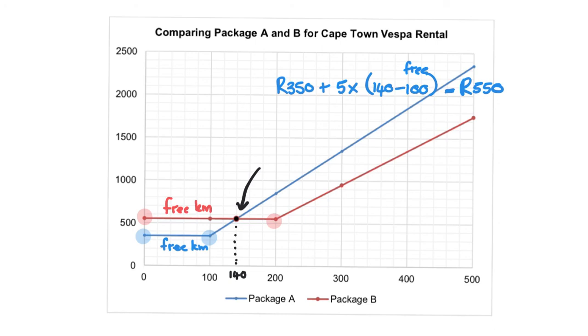I hope you can see what the amount is for package B, because this is actually very easy. It still falls into the flat section, which we know is 550 Rand because it was the insurance and the daily charge together. So package B was 550 Rand, which was just the fixed charge.